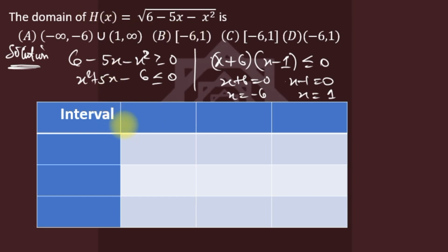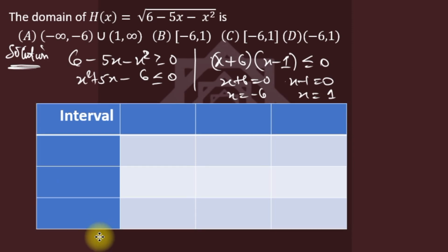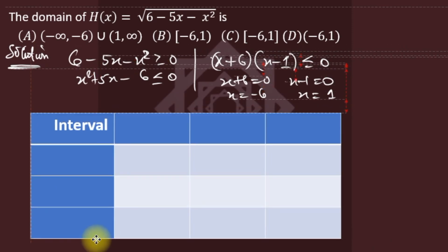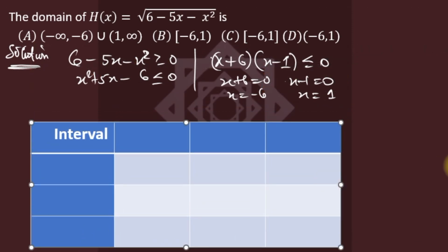Using this table, let's check x less than minus 6, x between minus 6 and 1, and greater than 1.